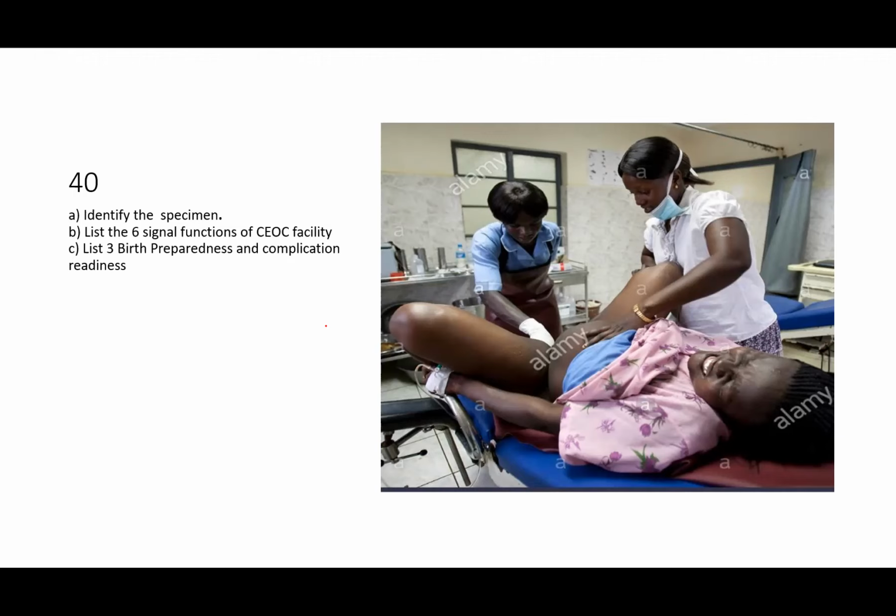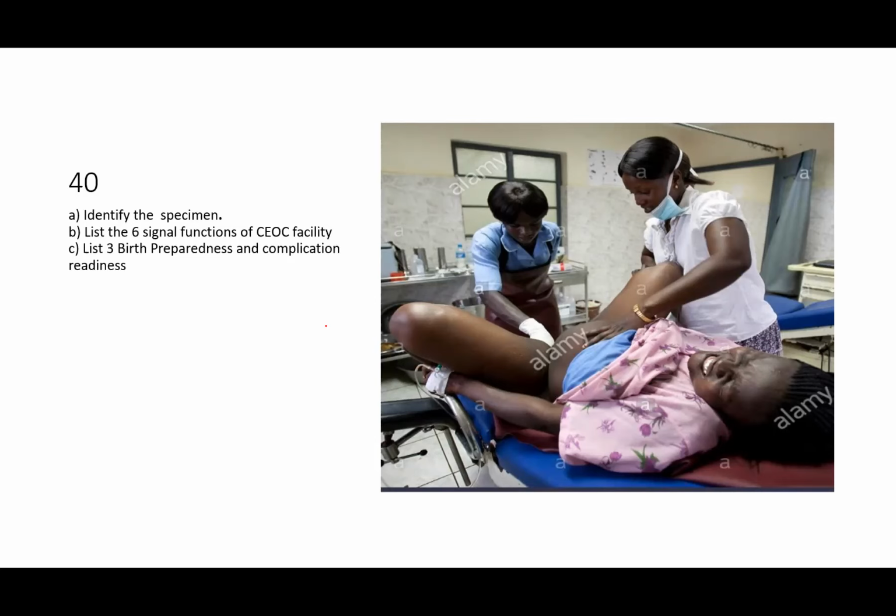In her bedroom? Where? Labor room. Yes. So it's a labor room. They are conducting delivery in a labor room. Okay. So list 6 signal functions for a CEOC facility.